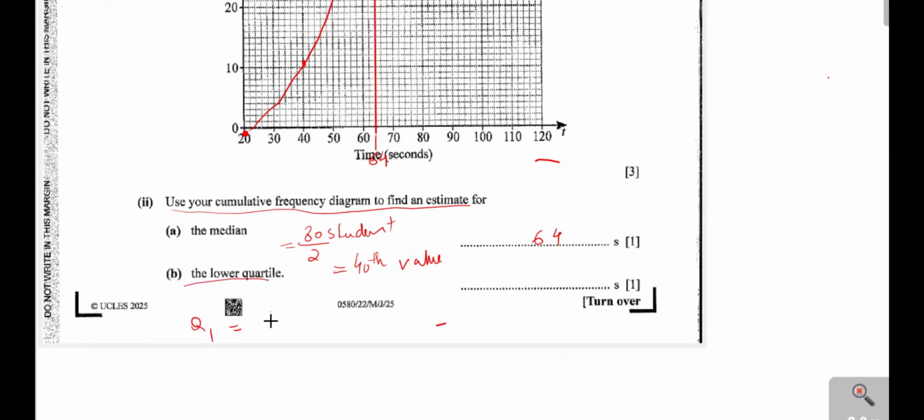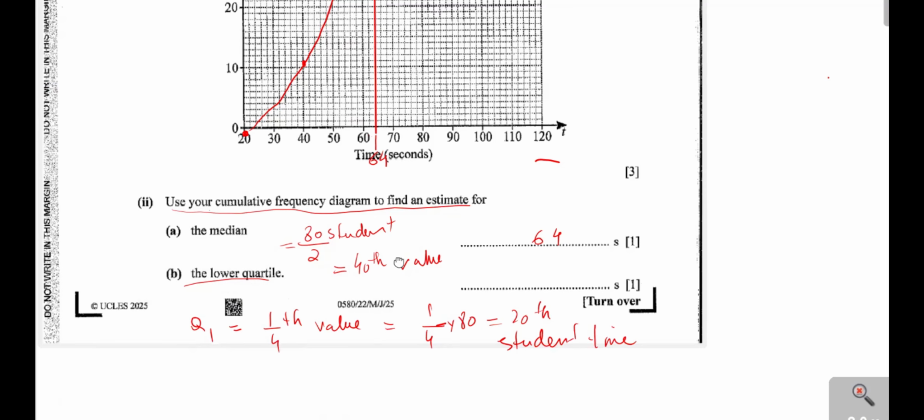Q1 is the 1/4 value of the data. The 1/4th value is 1/4th of 80 students. This is equal to the 20th student's time. This is the 20th student's time we will calculate.